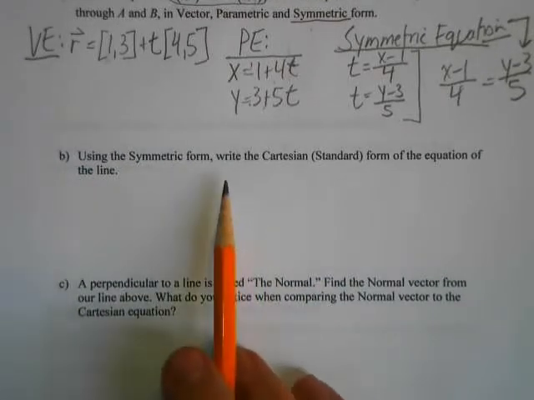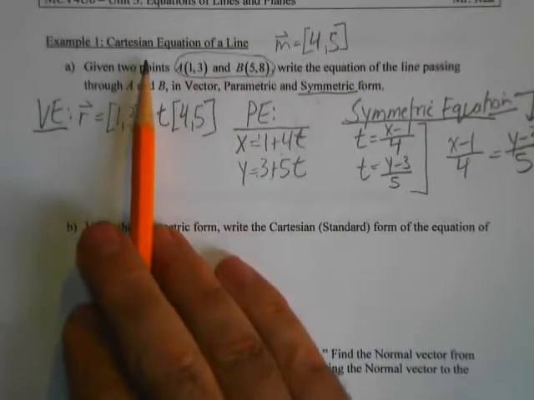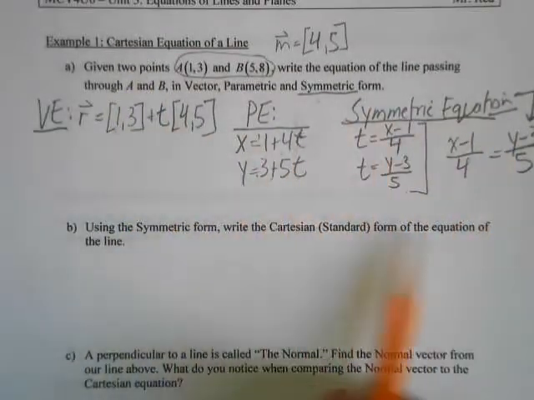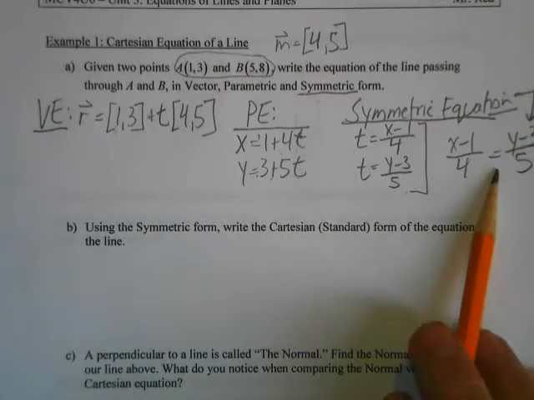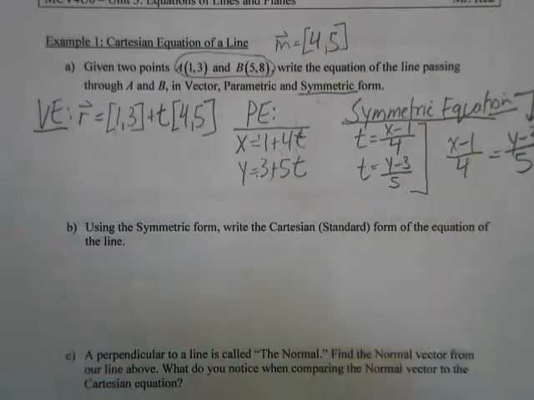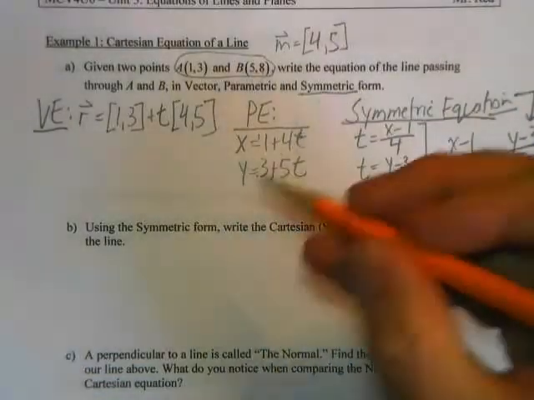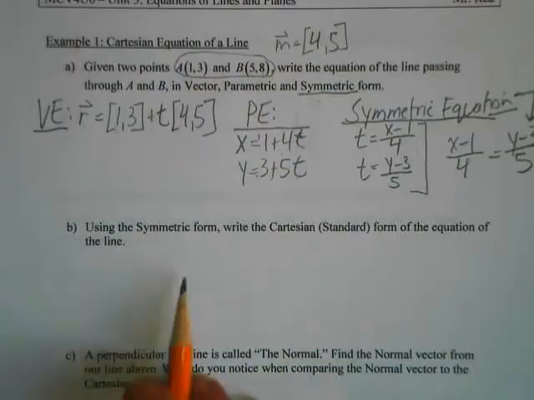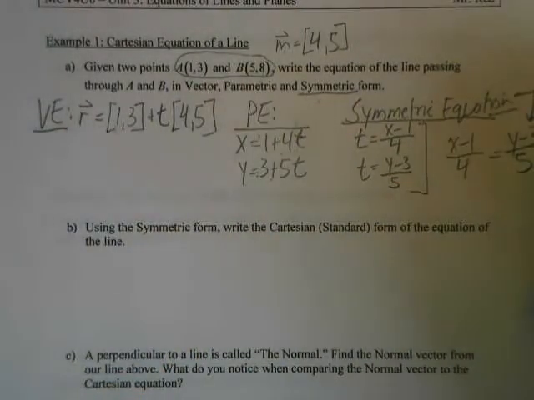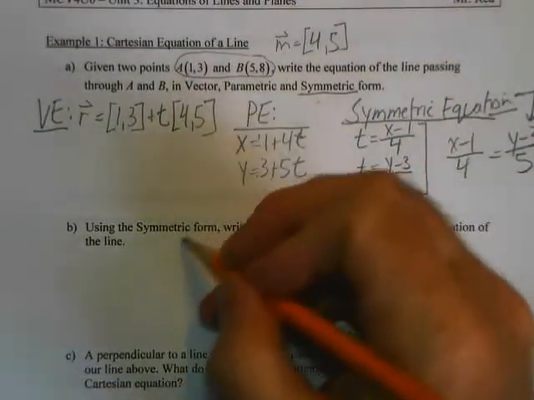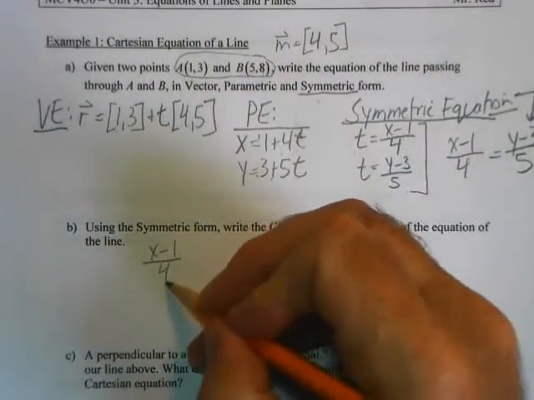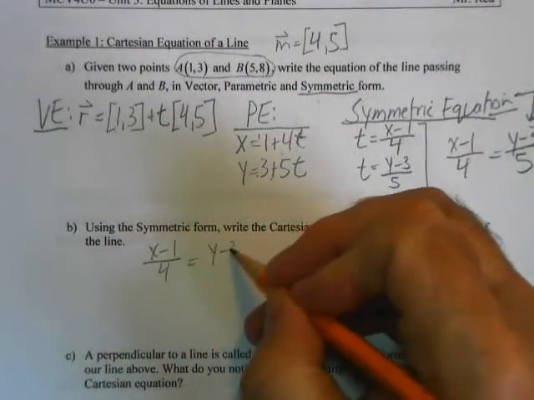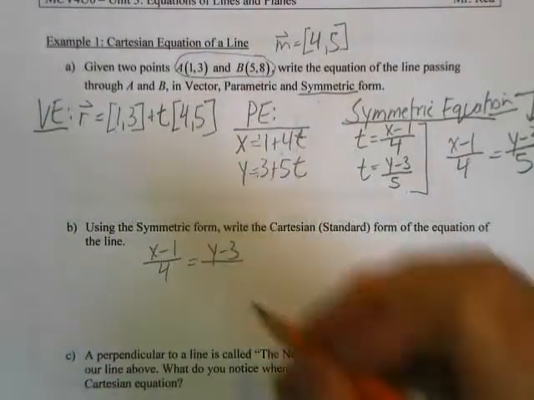Now, our goal here is to do the Cartesian equation. So what was all this stuff we were doing here? Well, from the symmetric equation, you can directly create the Cartesian equation, and this is what I mean. Using the symmetric form, I'm going to start with what I wrote here, x minus 1 over 4 is equal to y minus 3 over 5.